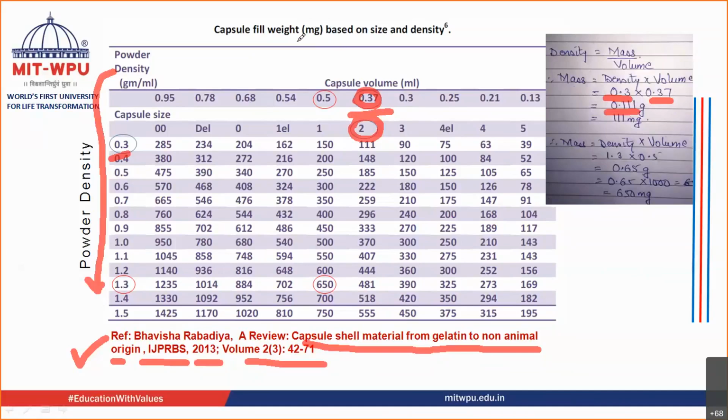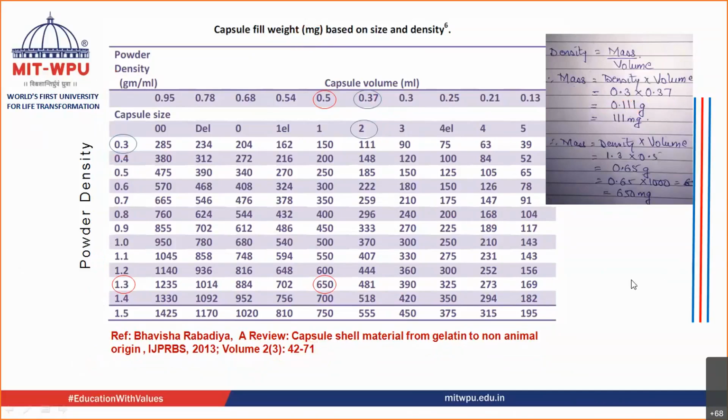This table is given in milligram, so it comes as 111 milligram. Have you understood this calculation? If somebody has not understood, please do write in the chat box.